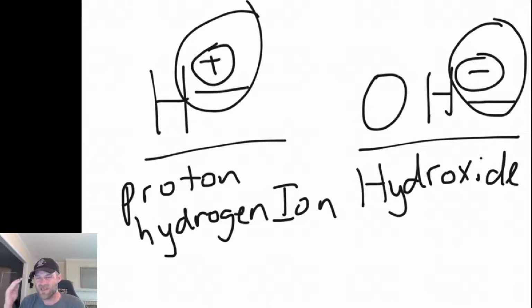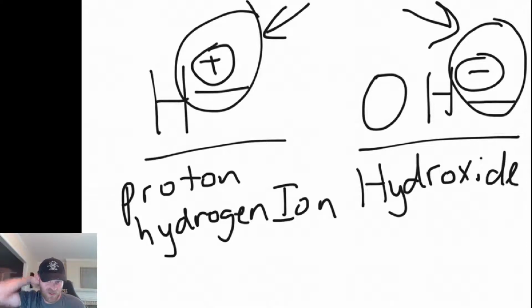Okay, so just kind of keep that in mind, and that's true for everything. The Bronsted-Lowry, the Arrhenius, any definition of acid is going to have something to do with a positive charged ion, and then anything to do with the base is going to have something to do with a negatively charged ion. You'll see, for the most part, you'll see what I mean.